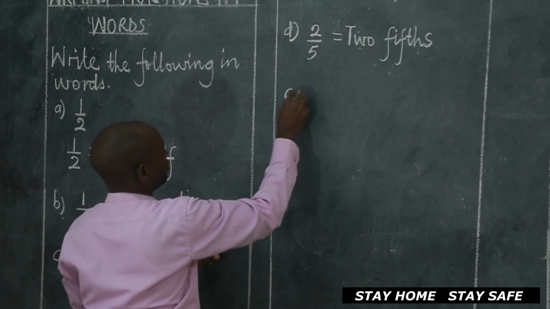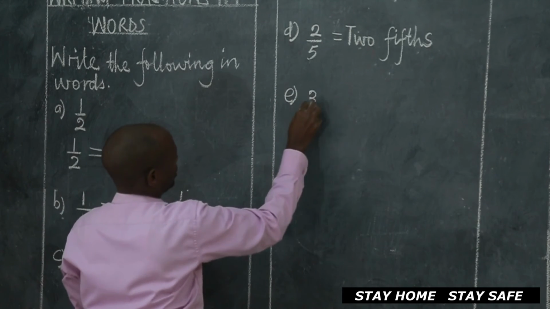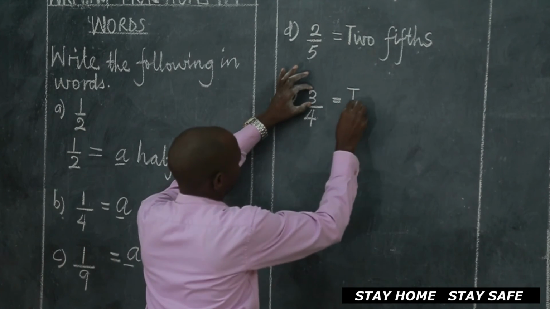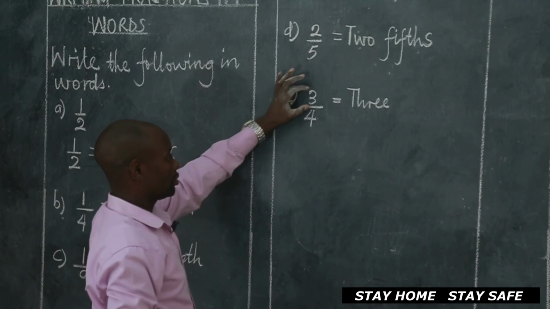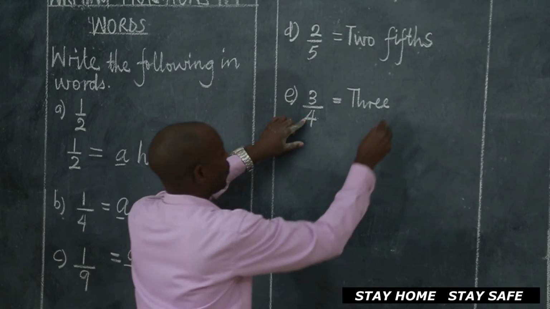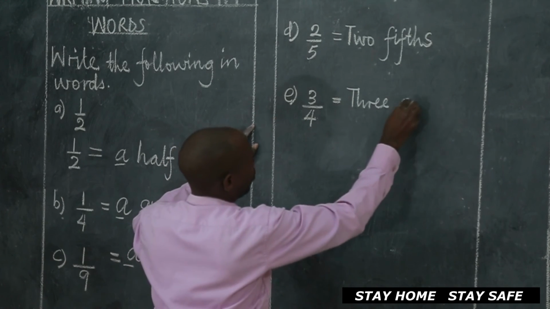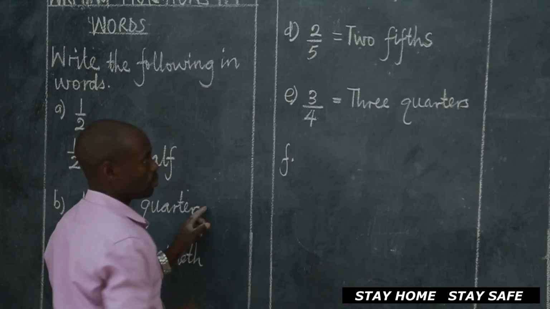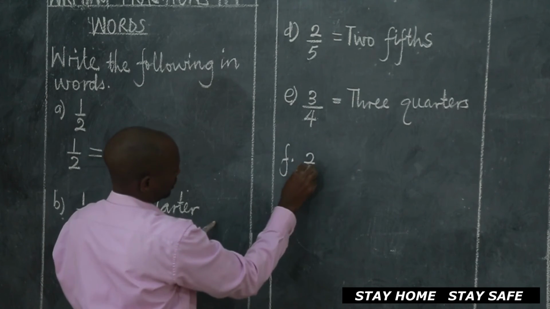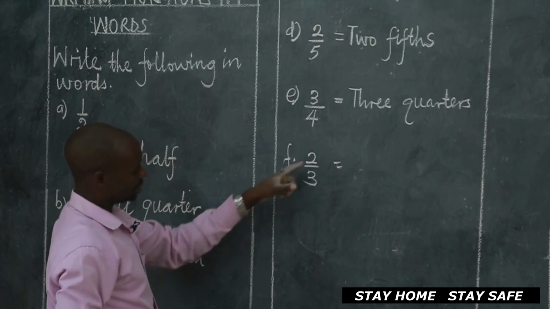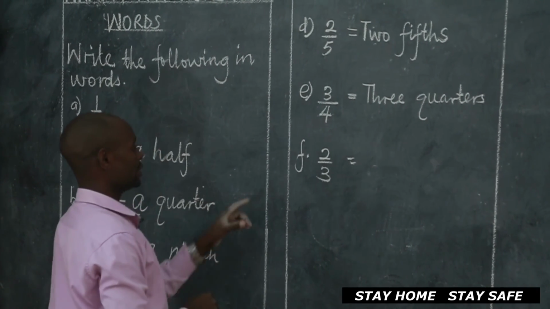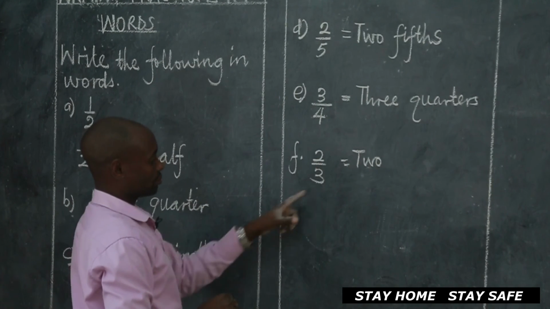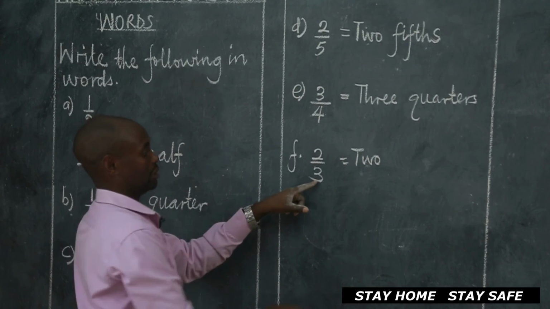What about if I have now 3 out of 4? This one is going to be 3 out of 4. 4 parts, those are quarters. So it becomes 3 quarters. What about if I give you this one? How do we read this one? This one is going to be 2, then 3 parts, thirds.